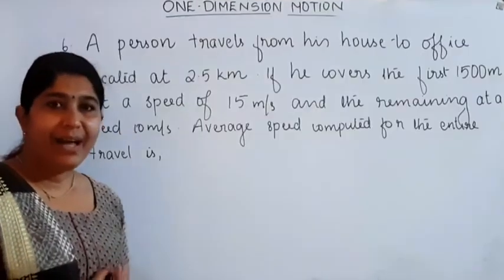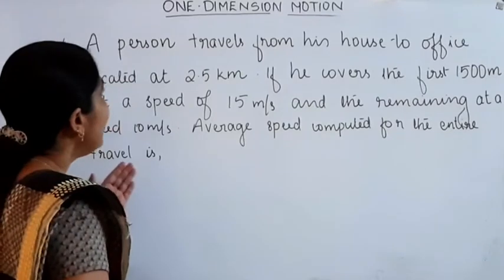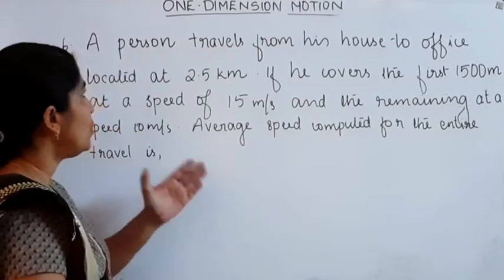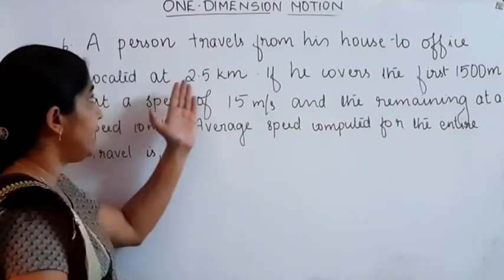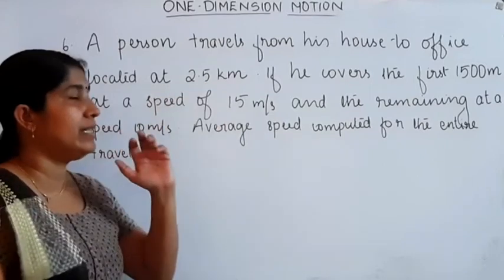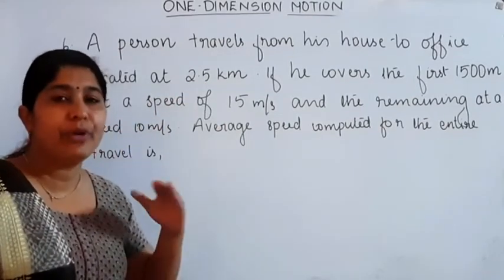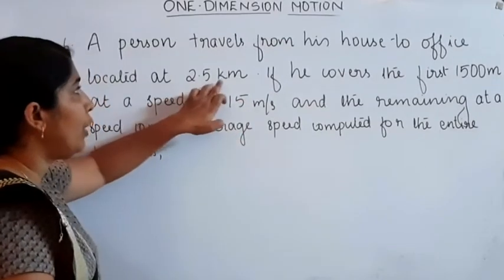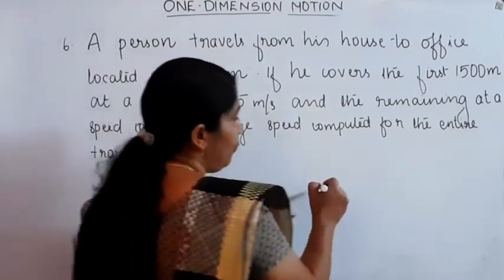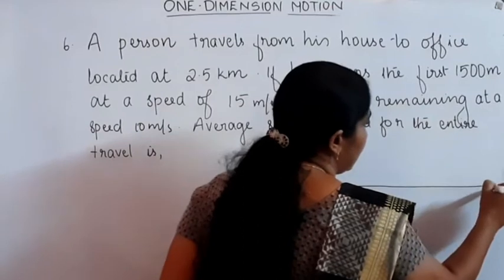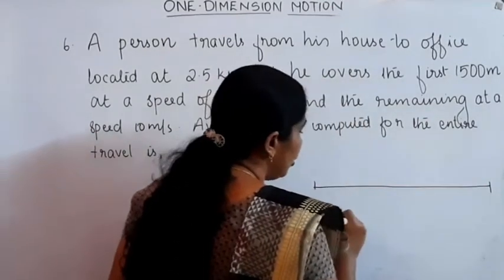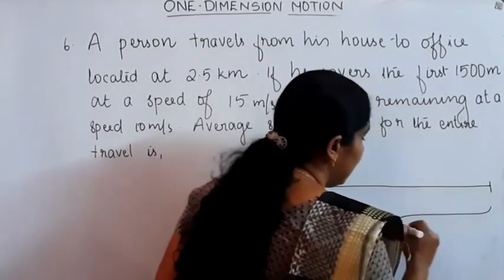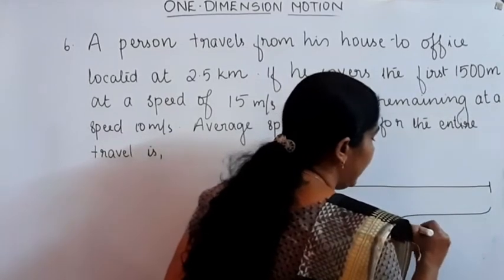Next question. A person travels from his house to office which is at a distance of 2.5 kilometer. The distance travelled from house to office is equal to 2.5 kilometer, that is equal to 2500 meter.